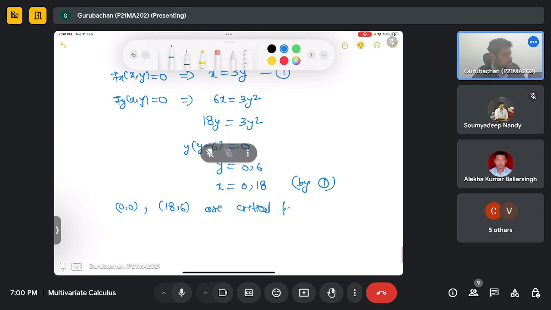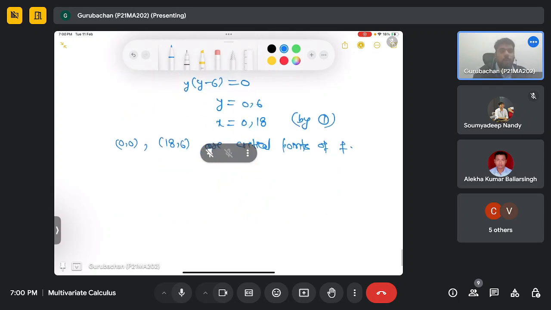are critical points of f. Now we need to check what these correspond to, like local minima or local maxima. So for that, we need to compute the second order partial derivatives.